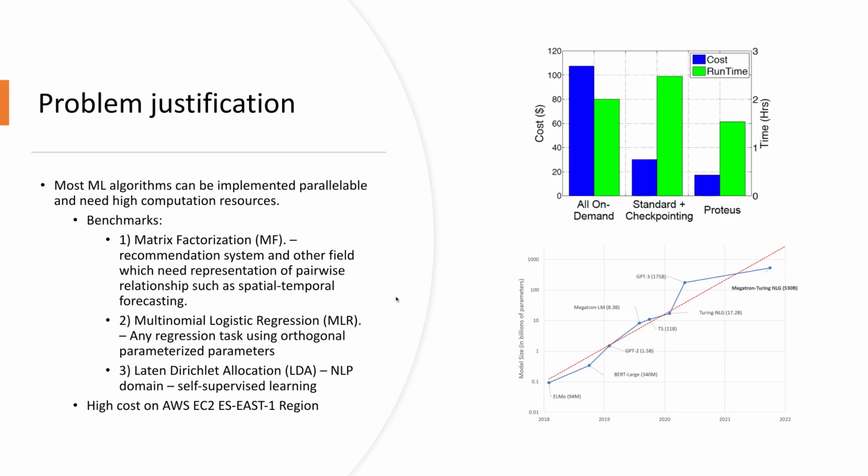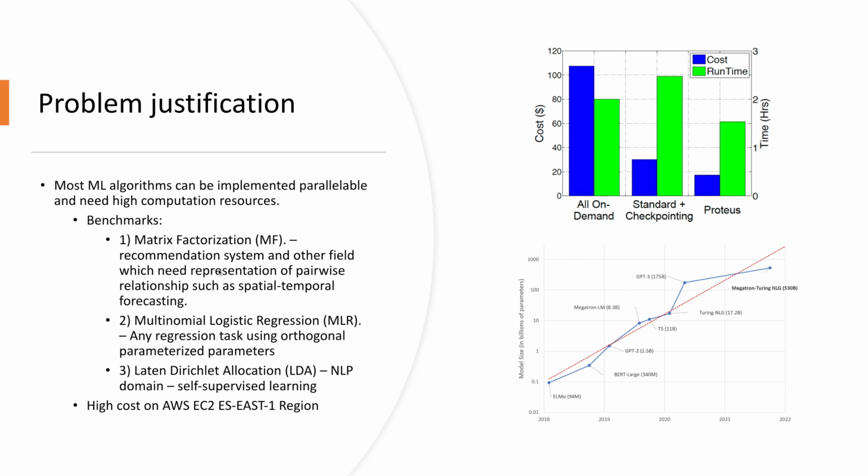So in the introduction part, the author further justifies these problems by first providing some prerequisites: machine learning algorithms can be implemented in parallel. This is one of the fundamentals of this work, and they illustrated this trait with three benchmarks in a wide range of domains.